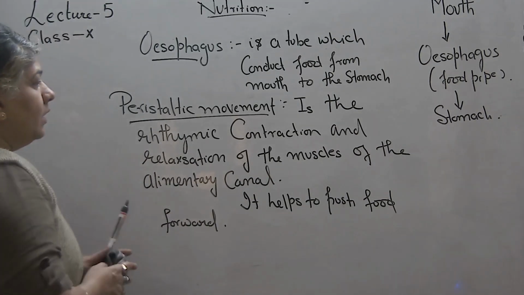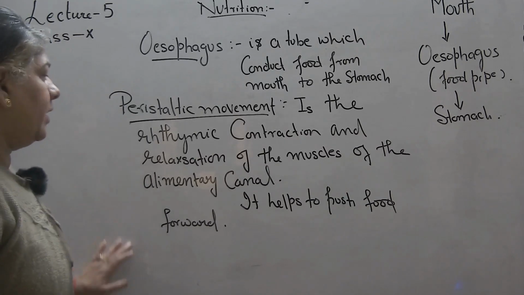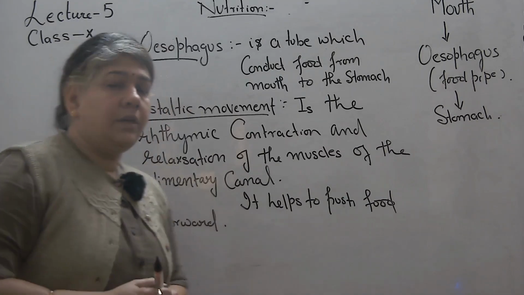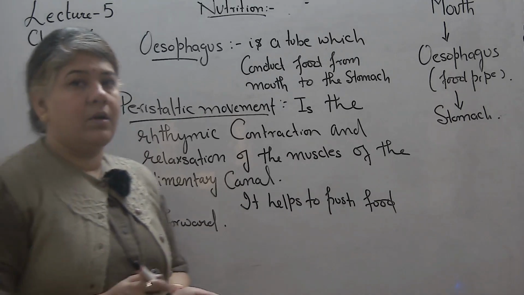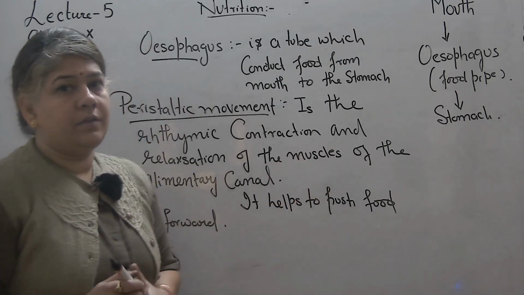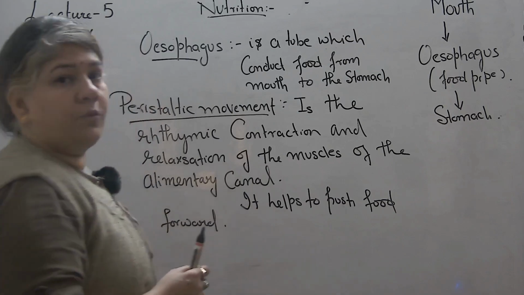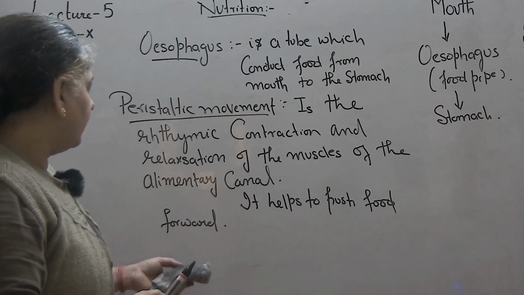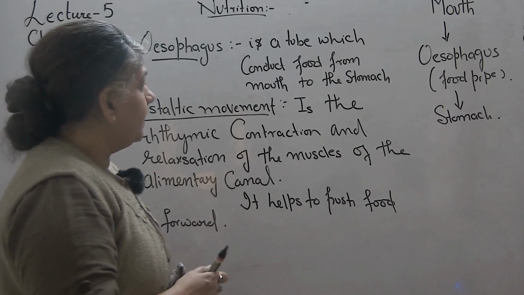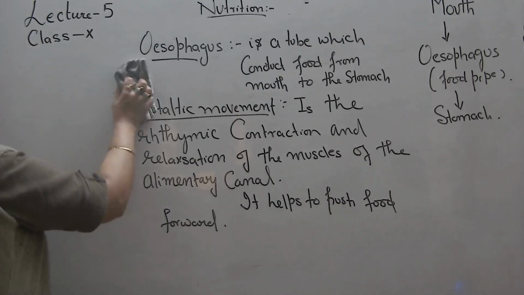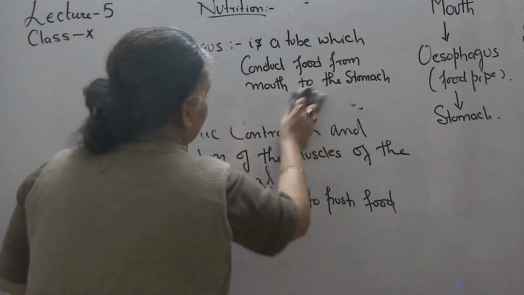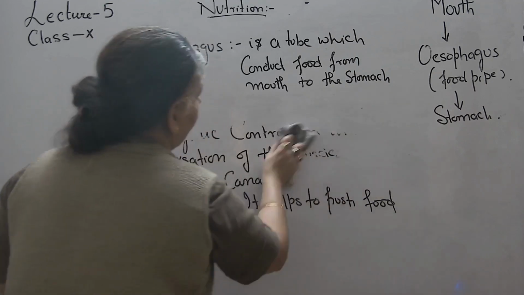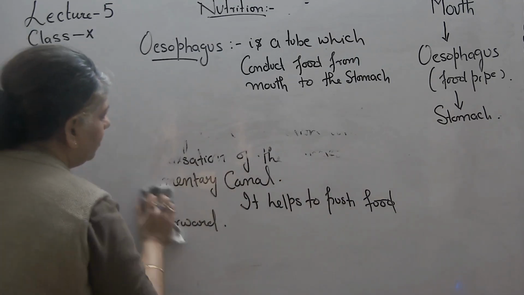Okay, so this rhythmic contraction and relaxation is taking place in the whole of the alimentary canal or gut, that means till the anus, till the food is ejected. Sometimes you get the feeling of nausea, that is, food is expelled through the mouth.